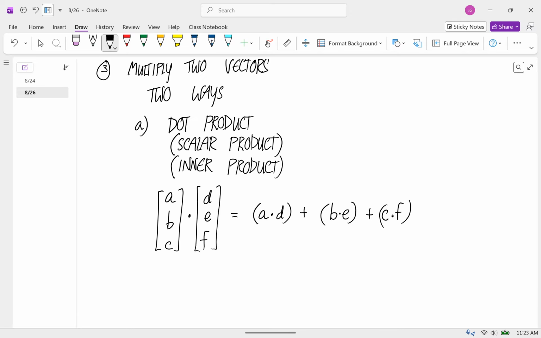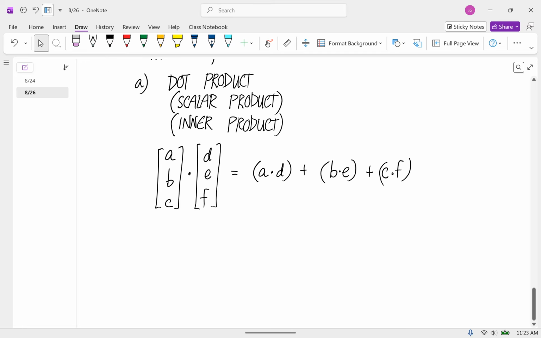Okay, this one isn't going to be super important to us. It does turn out that if you have a TI-89 or a TI Nspire, there's a built-in function for this.